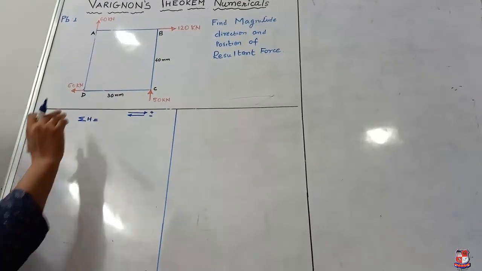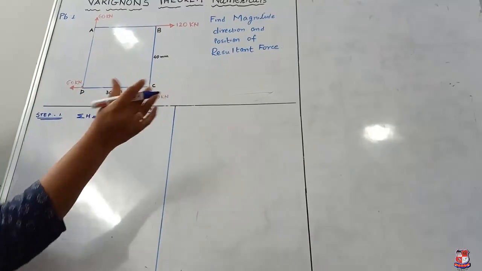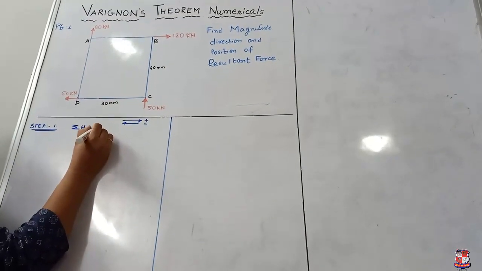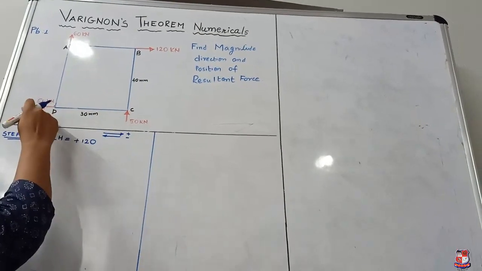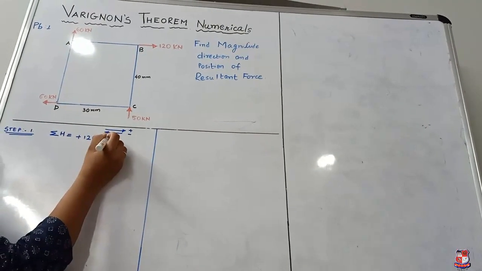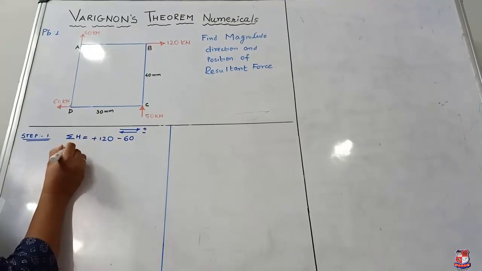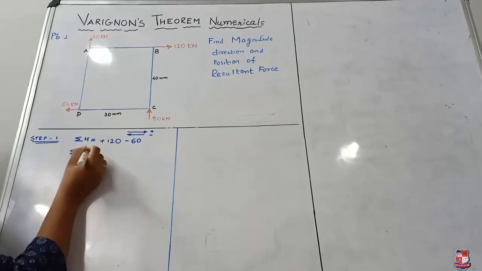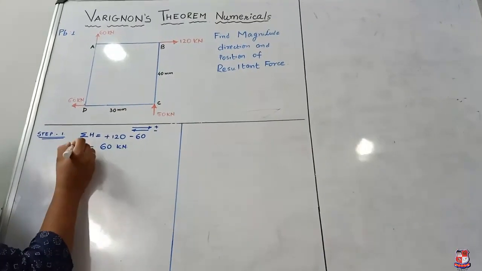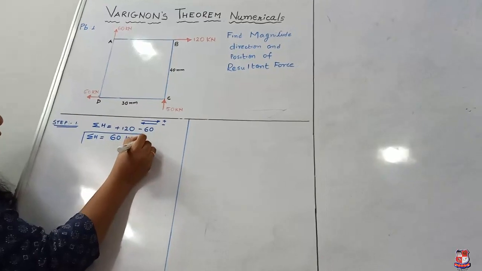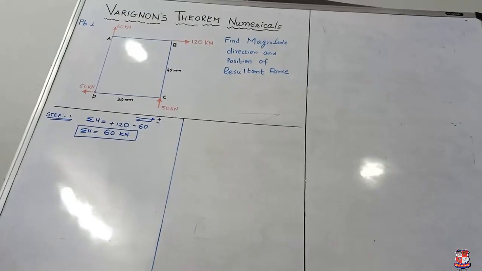One is at point B, 120 kilonewton, moving towards the right side, so plus 120. Then at point D, 60 kilonewton moving towards the left side, so negative. So sigma H is equal to 60 kilonewtons. This is the first thing we have found out, the algebraic sum of horizontal forces.